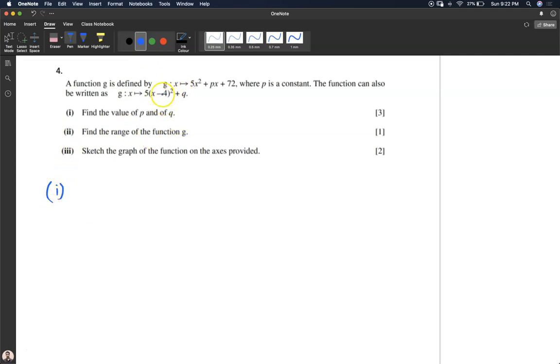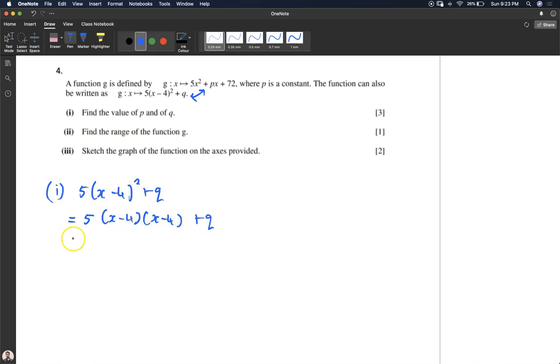Step 1. I know that this and this are the same. So the first thing that I'm going to do, the simplest method of all, is to just expand this. I'm going to take this and expand it, with baby steps again. 5 times (x minus 4) squared plus q.